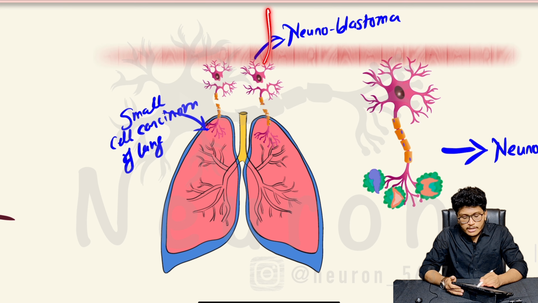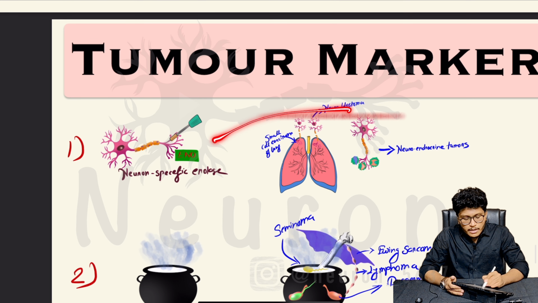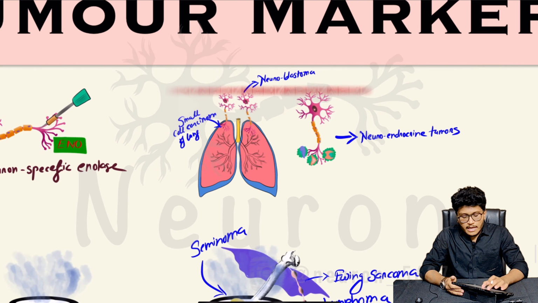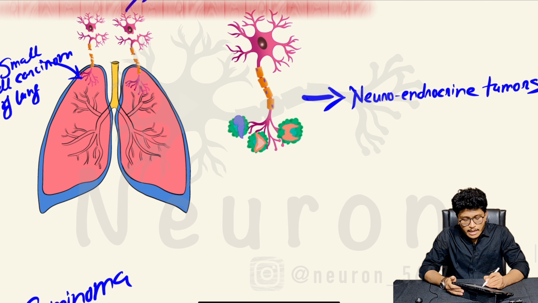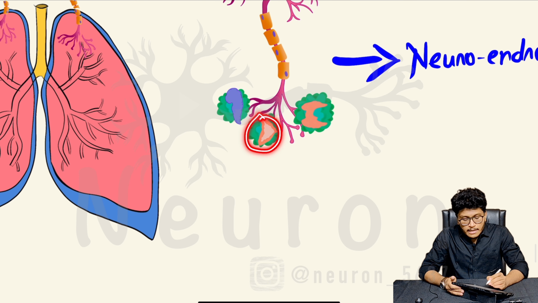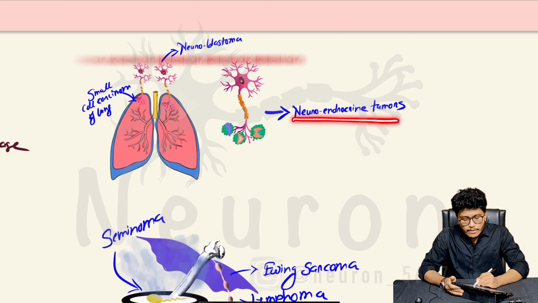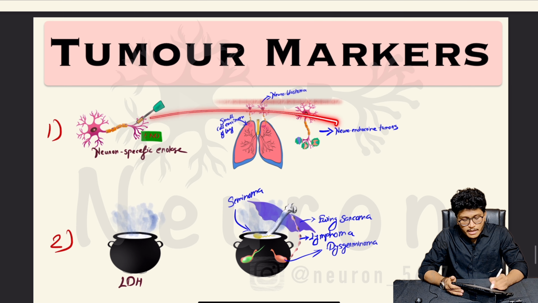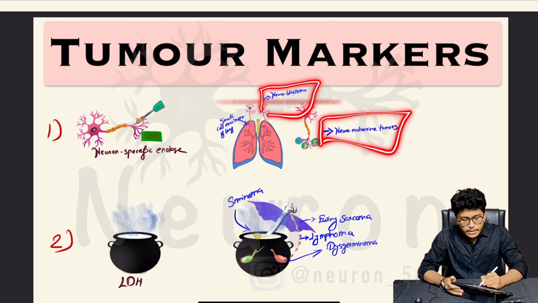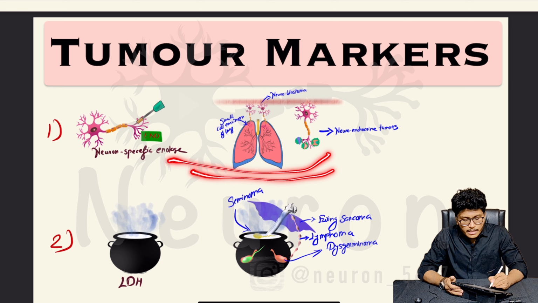So in neuroblastoma, the tumor marker will be neuron specific enolase. And if we hang different types of endocrine glands, as you can see, thyroid gland, adrenal gland, and pancreas by this neuron, so in neuroendocrine tumors, the tumor marker will be neuron specific enolase. So in small cell carcinoma of lung, neuroblastoma, and neuroendocrine tumors, the tumor marker will be neuron specific enolase.